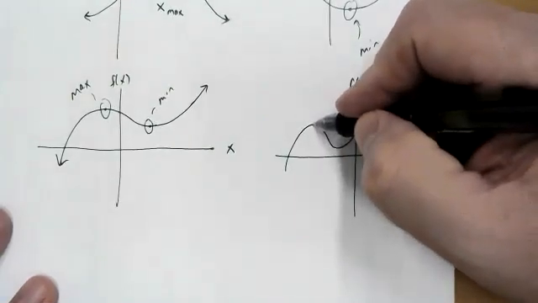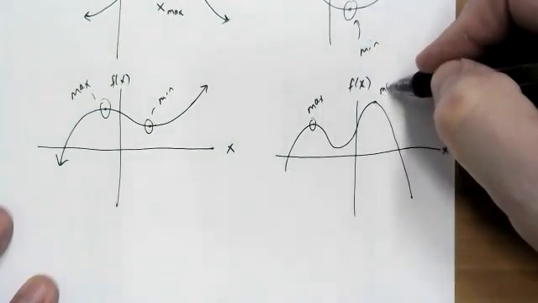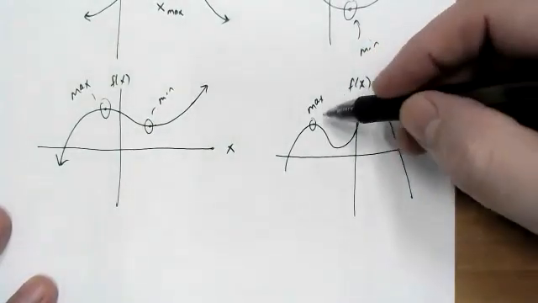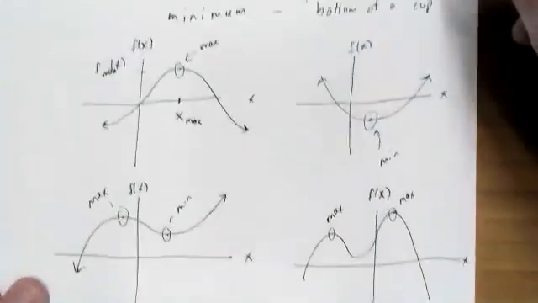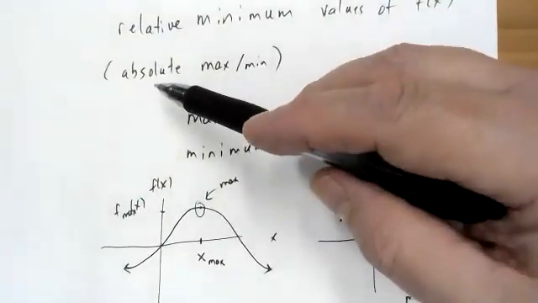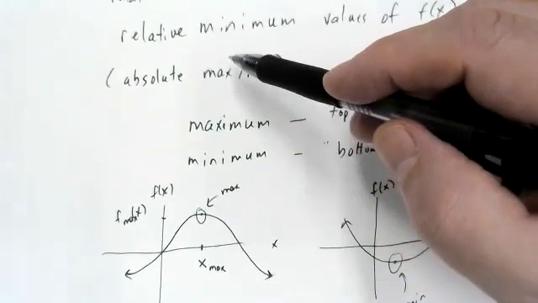So obviously it looks like that should be a max, and this should be a max. These are maximum points, so the two of them. And just as a sneak peek, absolute max would be the absolute highest point on the whole graph.